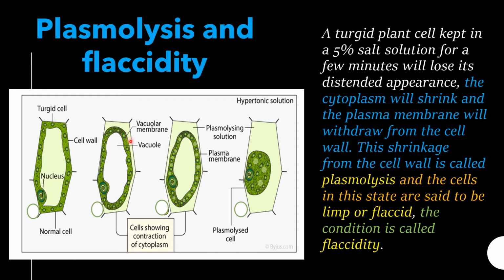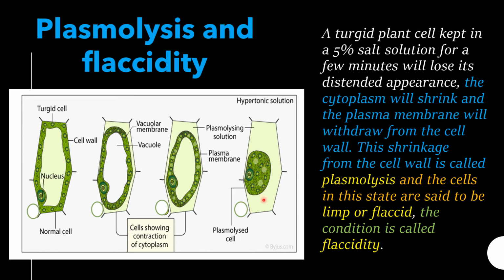This shrinkage from the cell wall is called plasmolysis. This is the process, or we can say phenomenon, by which the cytoplasm will shrink and the plasma membrane withdraw from the cell wall. Here you can see that is called plasmolysis.